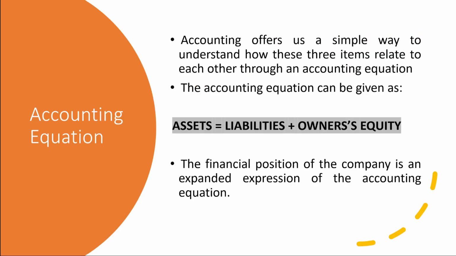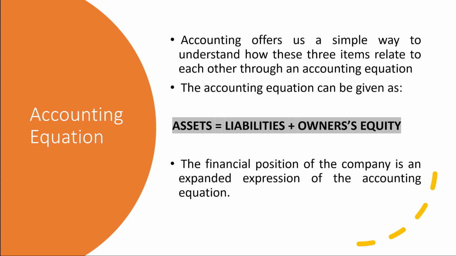So, the accounting equation. In accounting, there is a simple way to understand how these three items relate to each other, through what we call the accounting equation. Those three elements that have been mentioned give us assets being equal to liabilities plus owner's equity. This accounting equation is in mathematical form, which means that it can be rearranged.